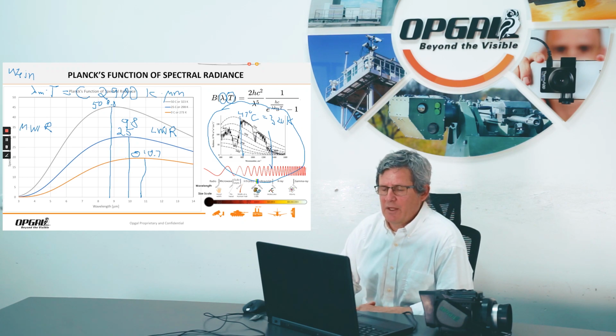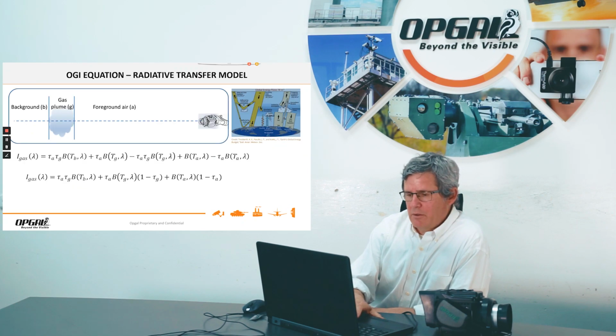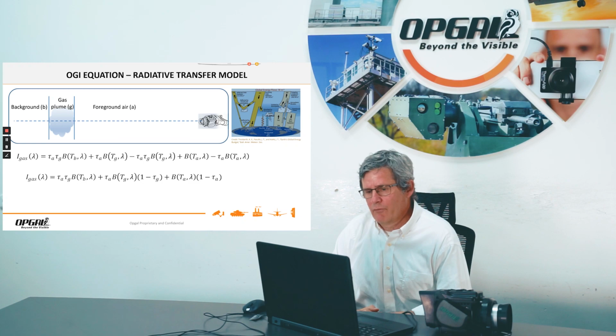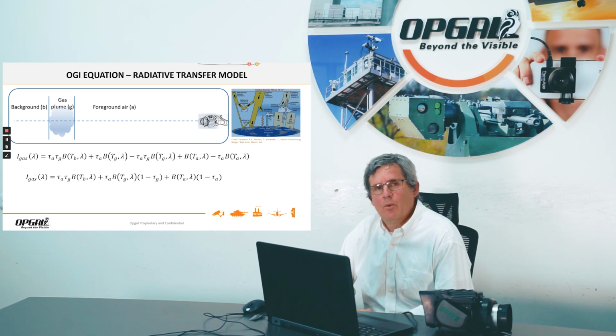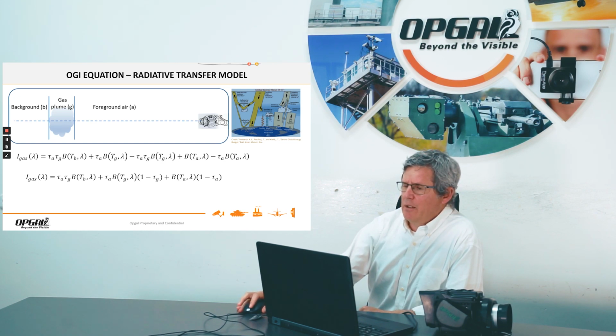So I wanted to mention the atmosphere because it's all related to the next slide, where we are talking about a radiative transfer model for describing the OGI equations. So what is a radiative transfer model? You can see the one-layer radiative transfer model described here in the figure on the right. The atmosphere is a layer.